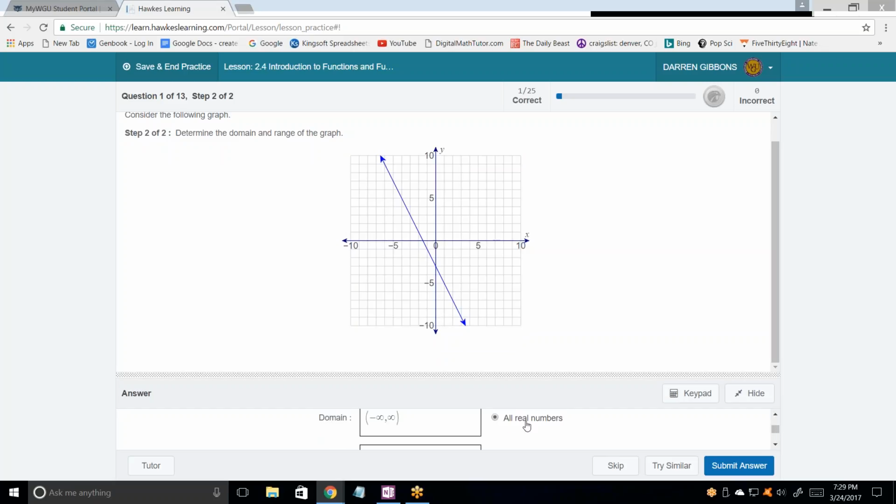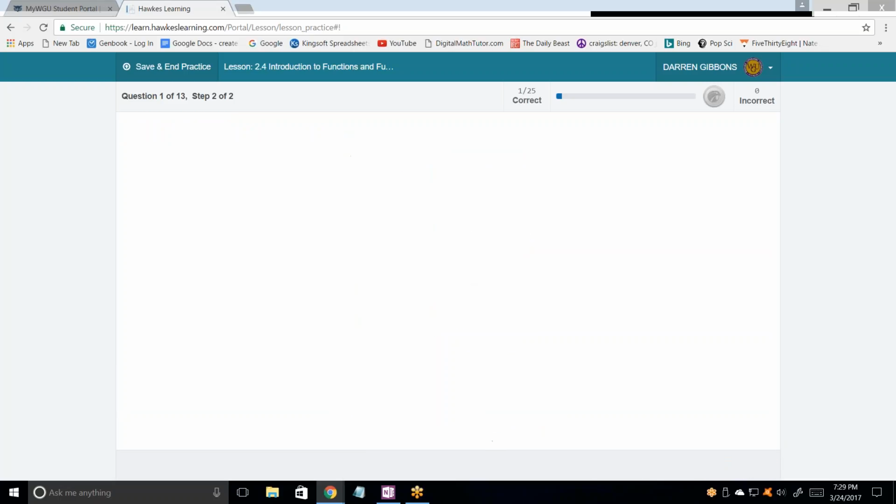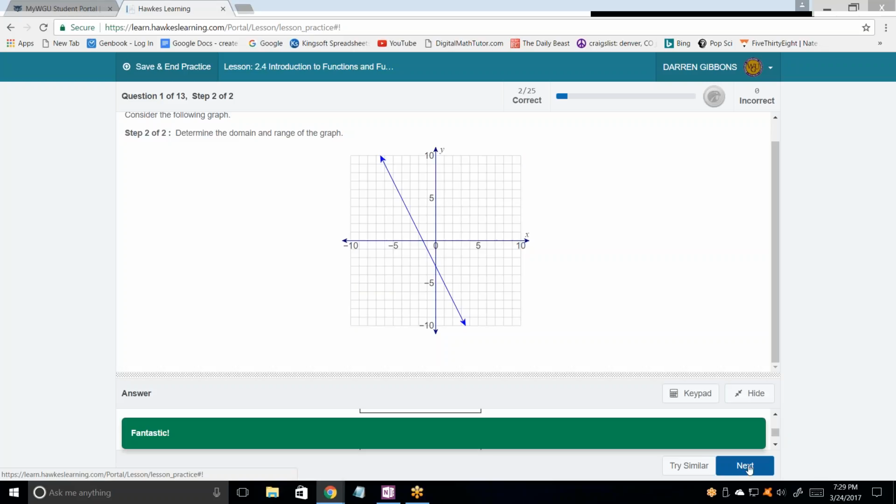So I'll put all real numbers for domain and all real numbers for range. Let's see if it likes that. Yeah. Okay. And like I said, domain and range can be described in multitudes of ways. There's something called interval notation, which is what I tried to put it in as, but I didn't need to. I should have chosen their button that was the easiest one.